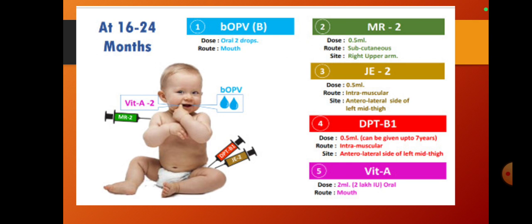And the vitamin A 2 ml or 2 lakh international unit orally or by mouth.